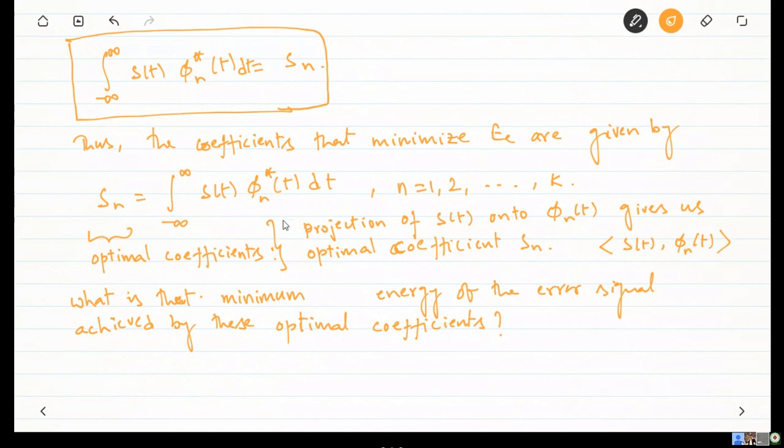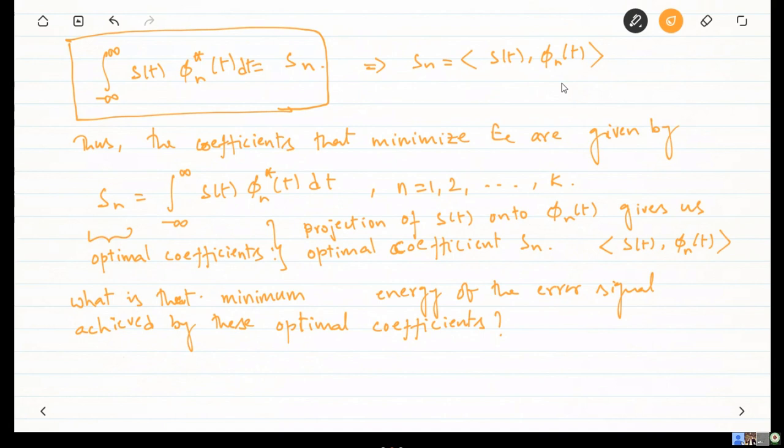Do you agree? So I'm writing that here. That implies Sn is the inner product of s of t and phi n of t, right?